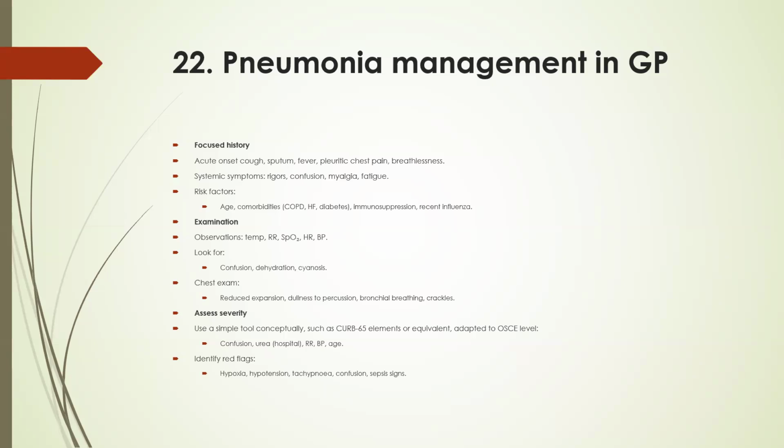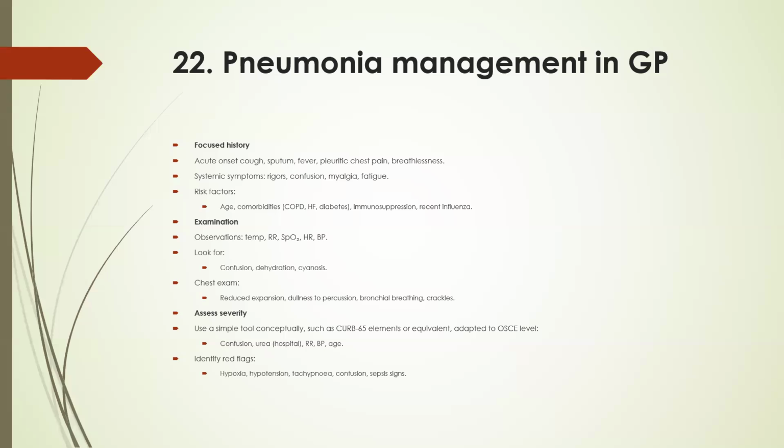Don't mix it with TB history, because TB will be more than 1 month or months. But pneumonia is like, 3 days back I'm getting high grade fever, cough, and chest pain when I'm coughing, localized right sided chest pain. Mostly this is age related, and sometimes there are young patients also.